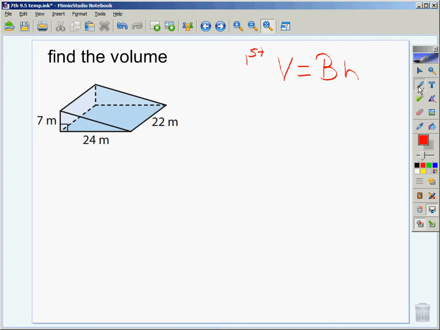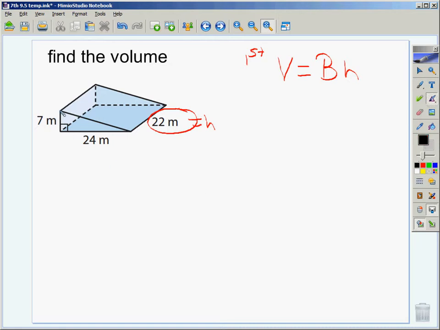The second thing we're going to do is identify what the height is. What's the height in this picture? 22. It is 22. We're going to identify that height. If all you do is separate out the two-dimensional shape, you miss where this 22 came from.